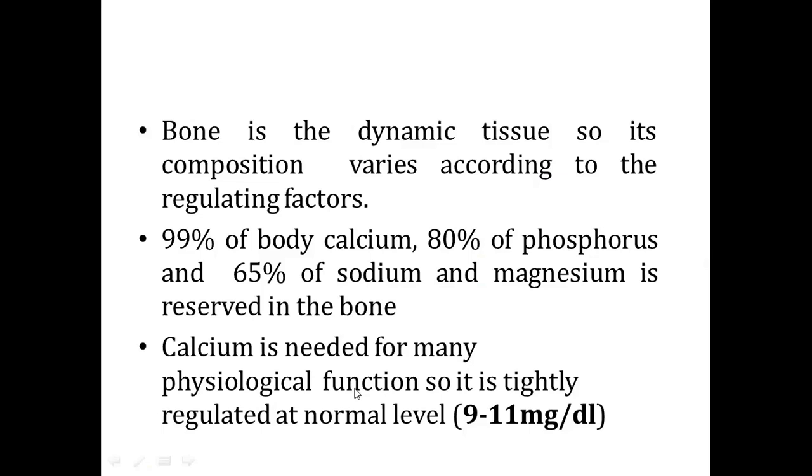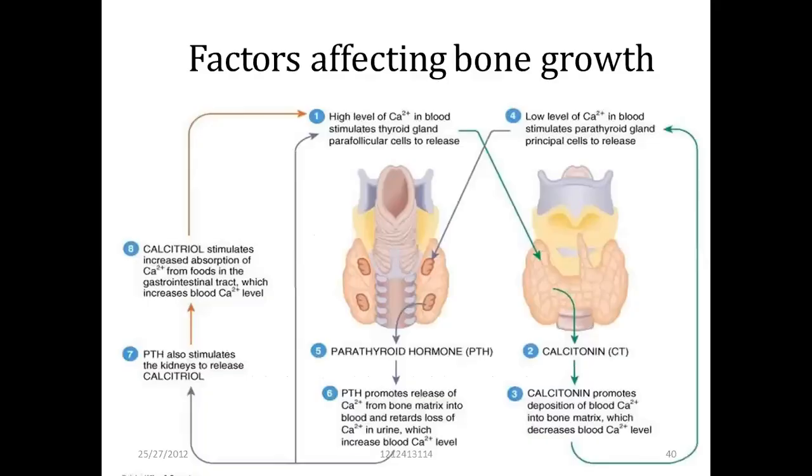I repeat, 9 to 11 milligram per deciliter is the normal level. Factors affecting bone growth are the high level of calcium, the calcitonin levels, and parathyroid hormone and calcitriol. So these are the hormones which affect bone growth.